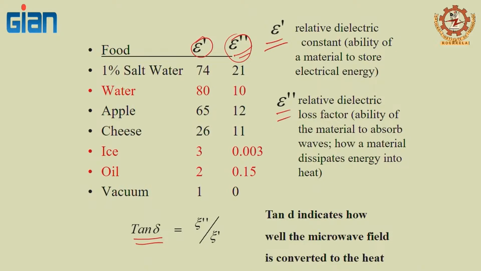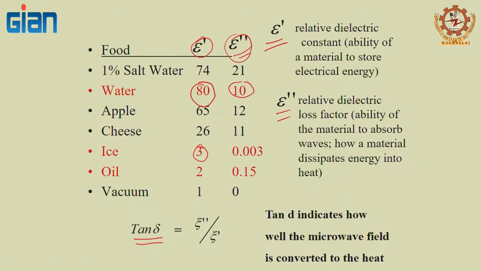Let us look at water here. Water has a value of 80 and epsilon double prime 10. Ice has a value of 3 instead of 80. When you cool water down and it becomes ice, it is significantly lower, 3.